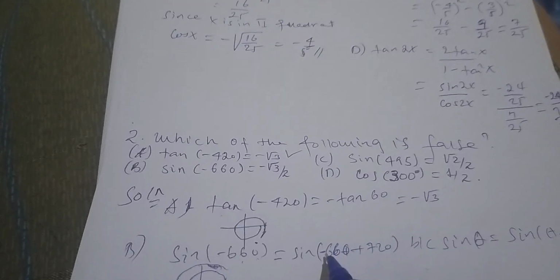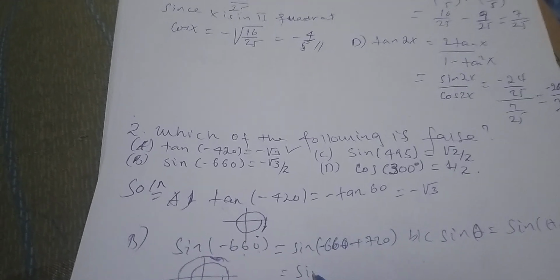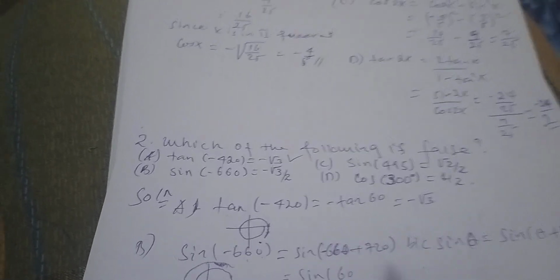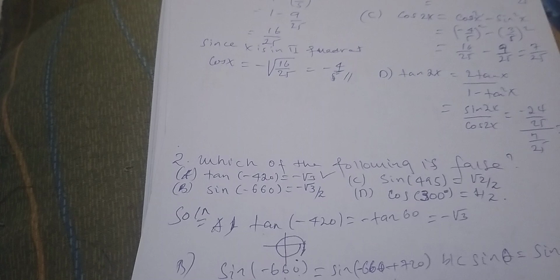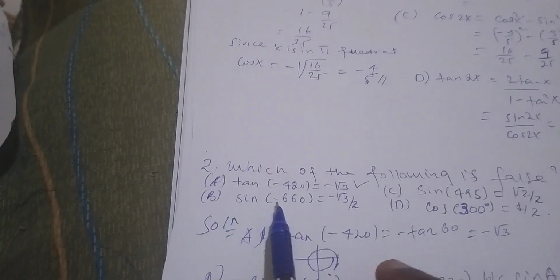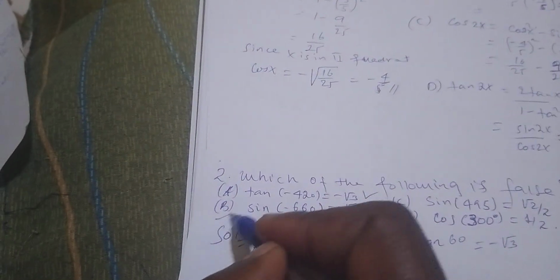So negative 660 plus 720 gives sine of 60 degrees. But sine of 60 degrees is what? Root 3 over 2. But this one says sine of negative 660 is negative root 3 over 2. So the answer is B.